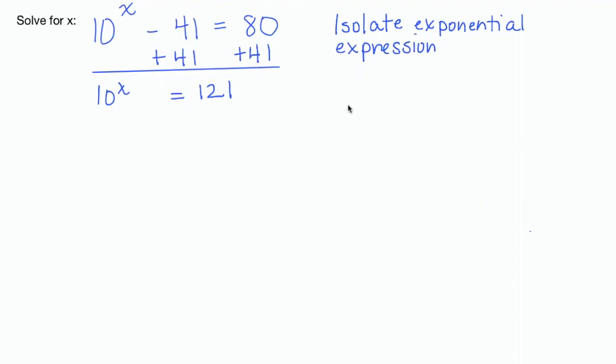Now, again, your textbook recommends natural log for everything except for when you have a base of 10 in your equation. If you have a base of 10, a common log, which is a log with the base of 10, is your better choice, and we'll see why.